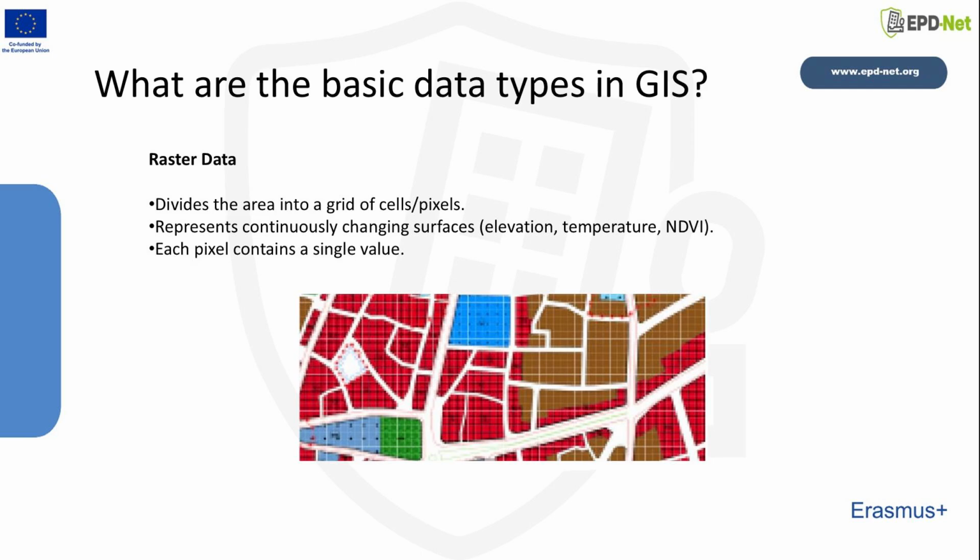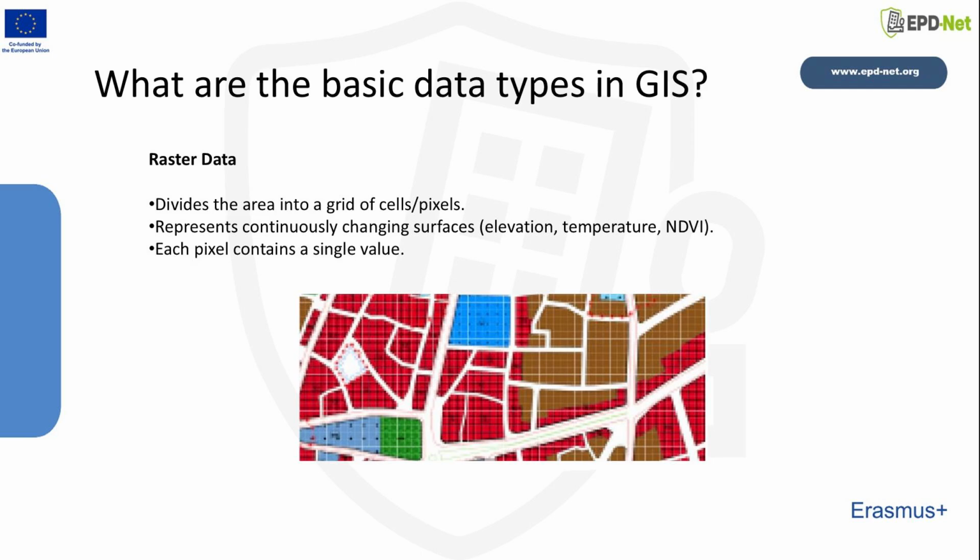In this slide, raster data, the second fundamental data type used in geographic information systems, GIS, is examined. Raster data represents space as a continuous surface that is divided into a regular grid of cells or pixels. Each pixel contains a single numeric value, which represents the characteristic of the area covered by that cell.